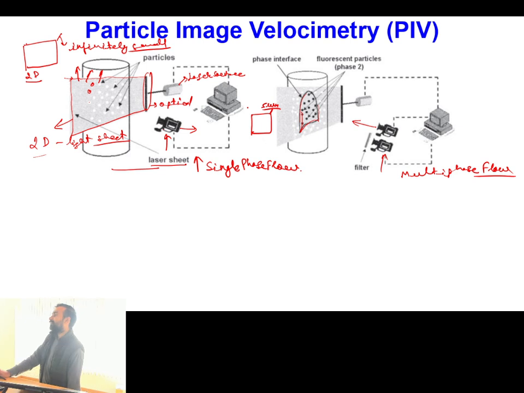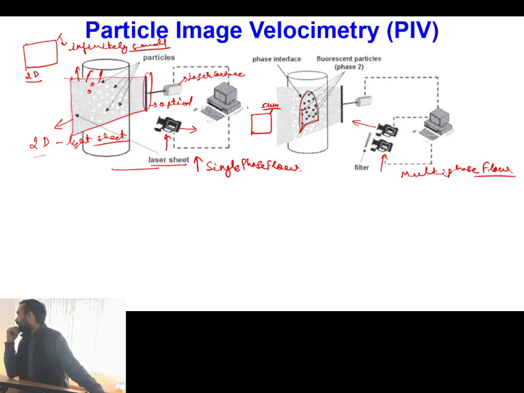Another important point you have to note down: it is not a plug and play device where you fix this arrangement, do some measurement and directly get the value of velocity. Whenever you operate with this type of high-end system, you have to do a large number of iterations, first to calibrate the system, then to understand whether the velocity field you are obtaining is correct or not.